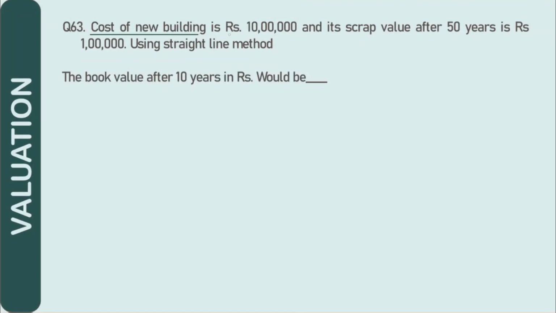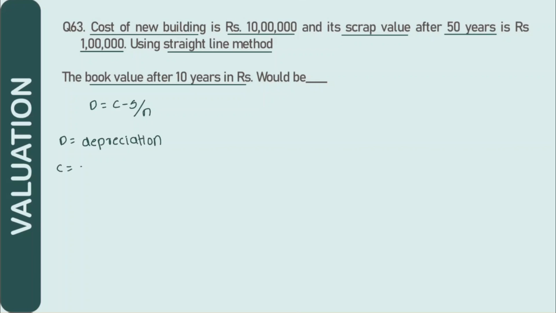Cost of a new building is 10 lakhs and its scrap value after 50 years is 1 lakh. Using the straight line method, the book value after 10 years in rupees would be. Straight line method is a method in which the depreciation will be equal every year. So the formula is D is equal to C minus S by N, where D is depreciation, C is the cost of the new building, S is the scrap value and N is the total years.